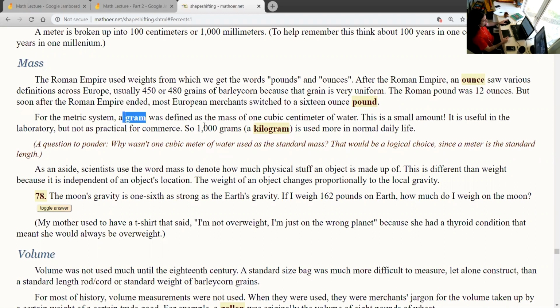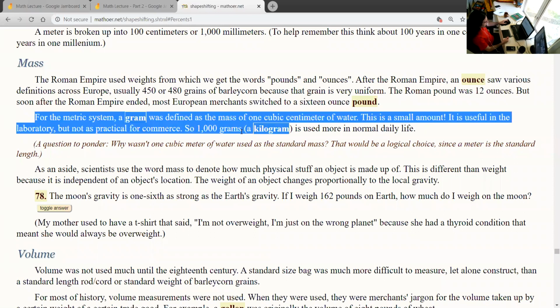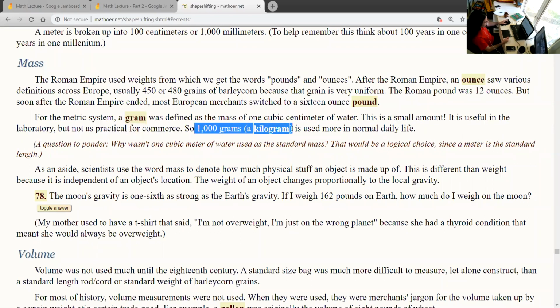So that's what a gram is. It's how much 1 cubic centimeter of water weighs. Since that's kind of too small, then most of the time in real life, we use a kilogram, 1,000 grams. If you're weighing yourself or your bicycle or your backpack, we tend to talk about kilograms. So that would be 1,000 sugar cubes full of water.